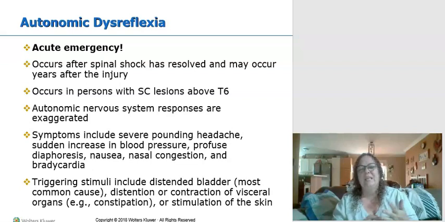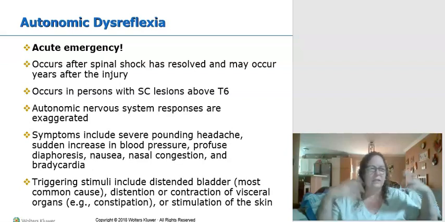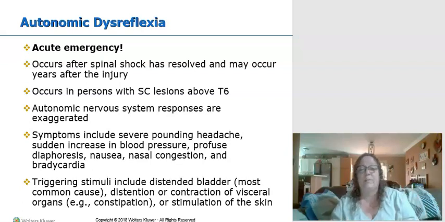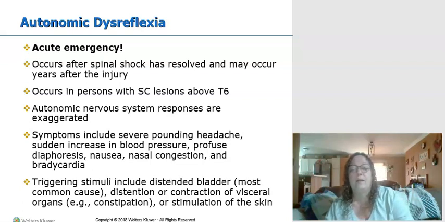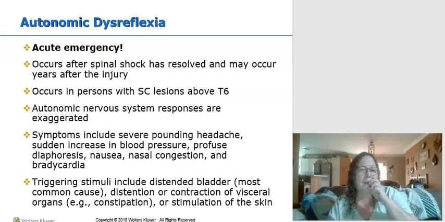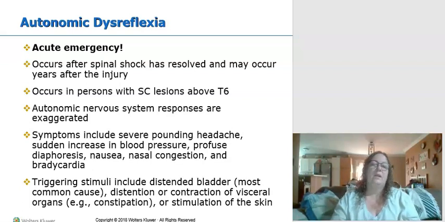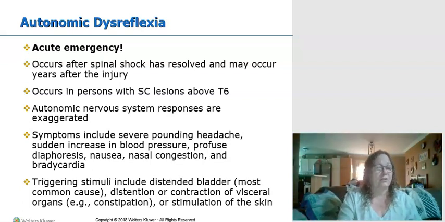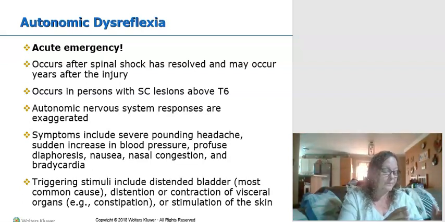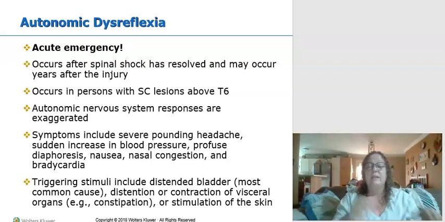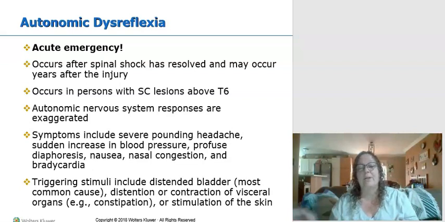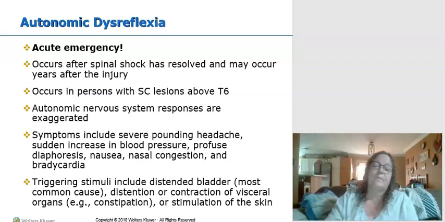So symptoms include a severe pounding headache, a sudden and severe increase in blood pressure. So this is just a massive shift in blood pressure. They have profuse diaphoresis, nausea, nasal congestion, and bradycardia. So autonomic dysreflexia is different than neurogenic shock, in that neurogenic shock is bradycardia and hypotension. This is bradycardia and hypertension, along with the other signs, right?